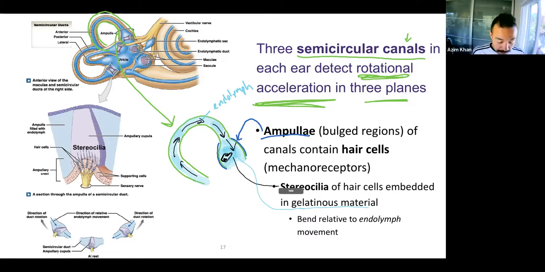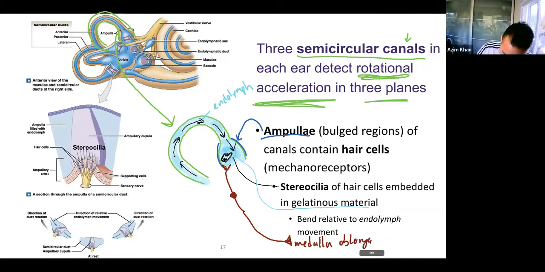And when those stereocilia bend relative to endolymph movement, then we send information through a sensory neuron, a bipolar sensory neuron, to the medulla oblongata, so that we can further process our head movement. And this axon would be part of the vestibular branch of cranial nerve 8.